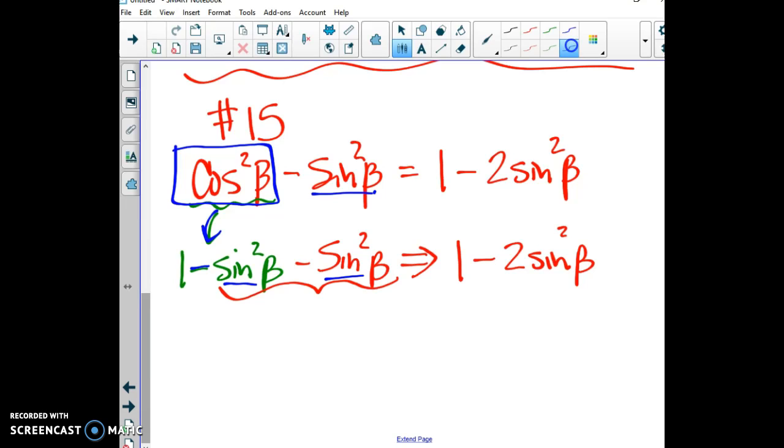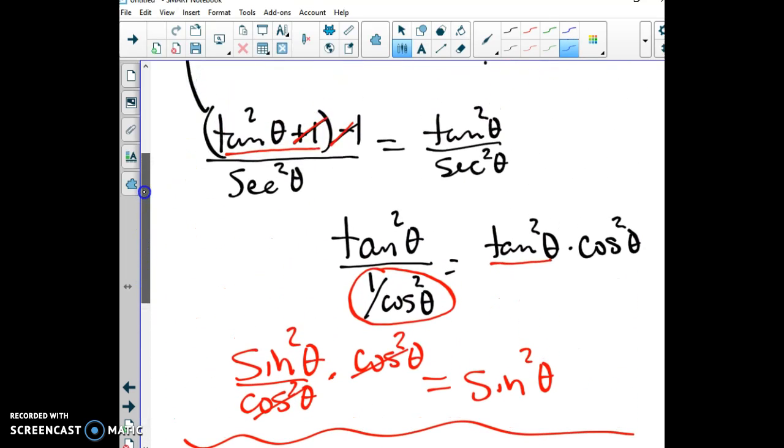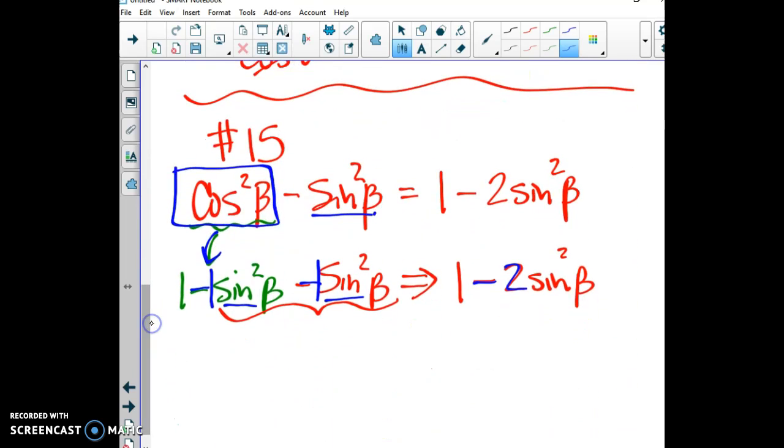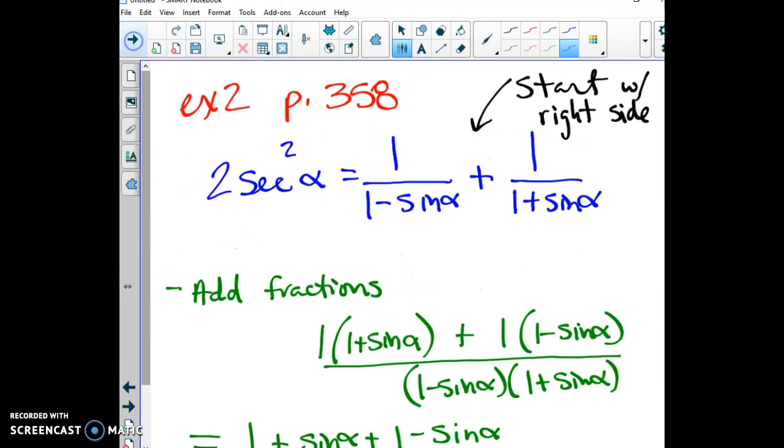So we have 1, take away sine squared, take away another sine squared. We've taken away 2 sine squared beta, and we have completed our identity. It says, right here we are, 1 minus 2 sine squared beta. So we took the left side, the most complicated, and proved that it was indeed the same as the right side.